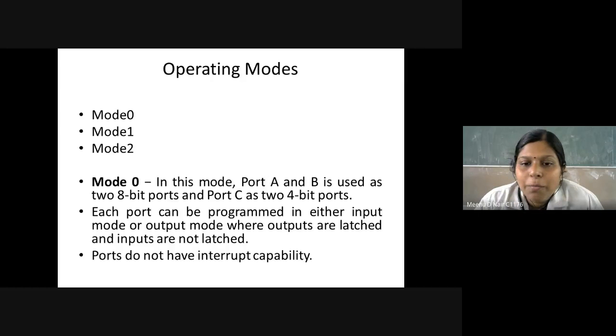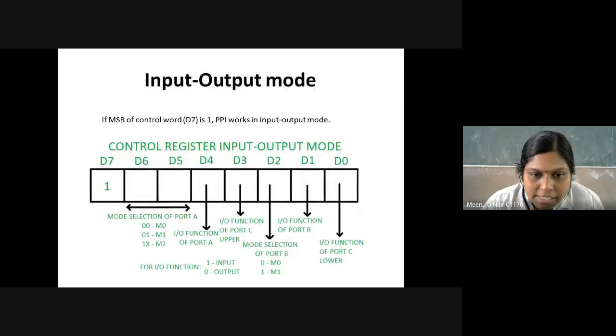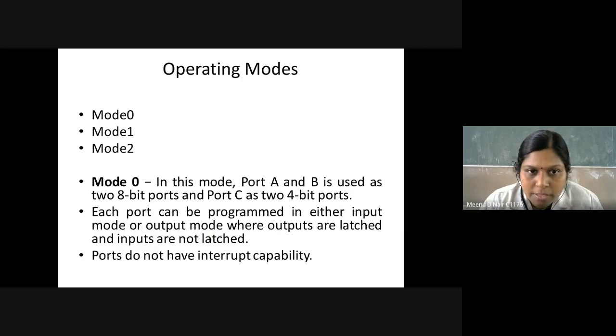Now, here we have seen the different modes in the input-output mode of operation. They are mode 0, mode 1, and mode 2. So now we are going to see what mode 0, mode 1, and mode 2 are.